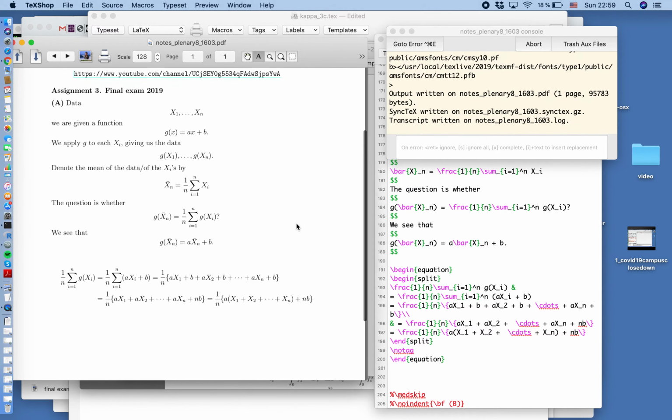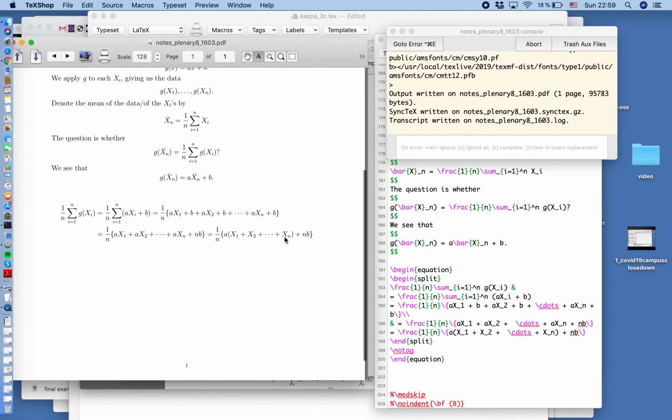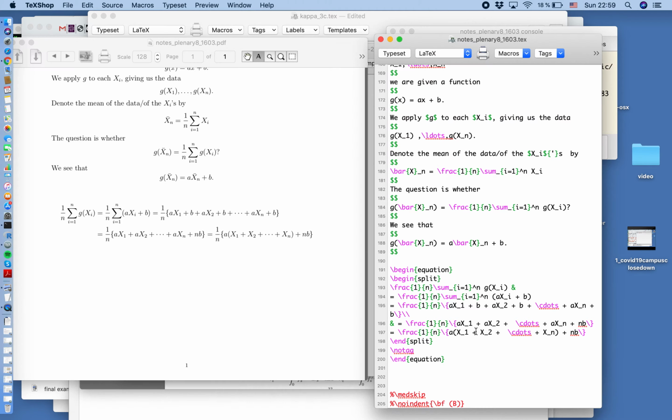Okay, so now we recognize that here is the definition of the sum of the x's. So we can then replace all those x's by the summation sign of those x's. So then we have a times the sum from i is 1 to n of x_i.